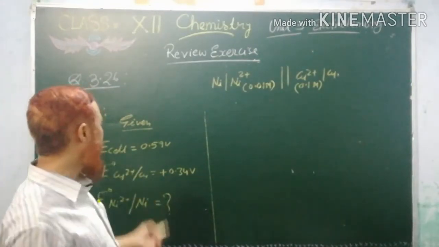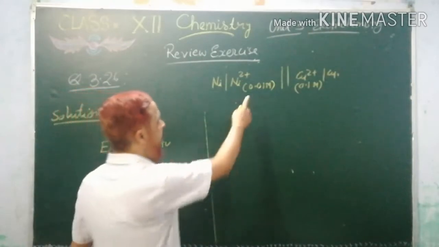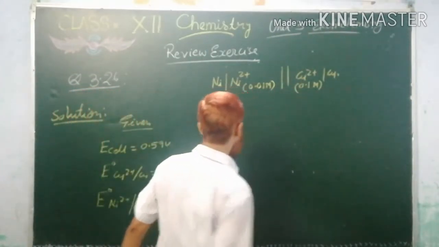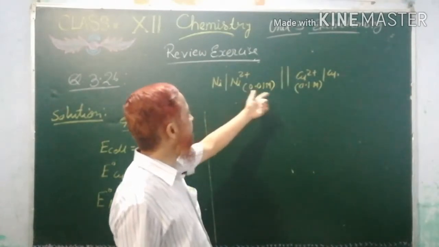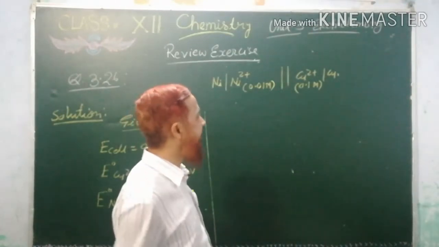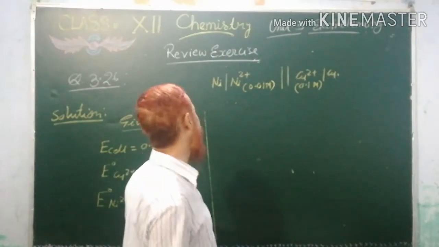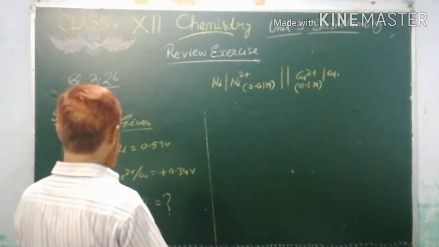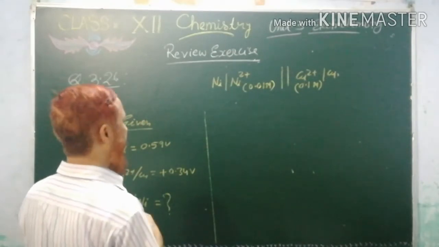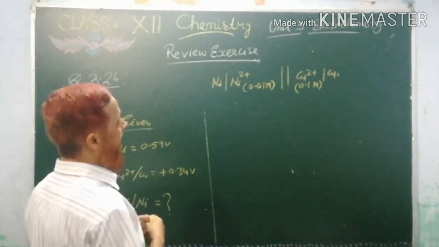So we are going to use the Nernst equation, because the concentrations of ions in the electrode systems are different. So first thing, we will check the value of n and what are C1 and C2.